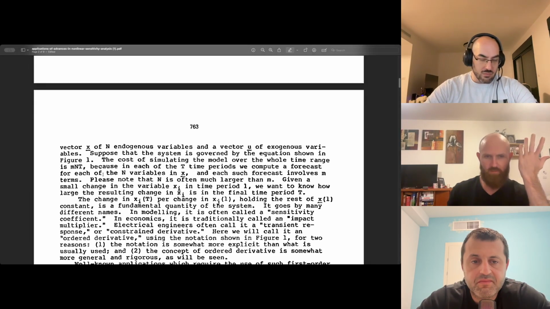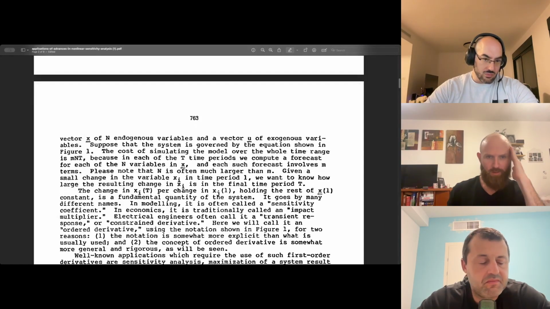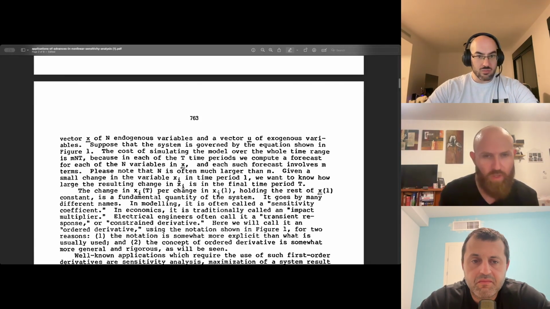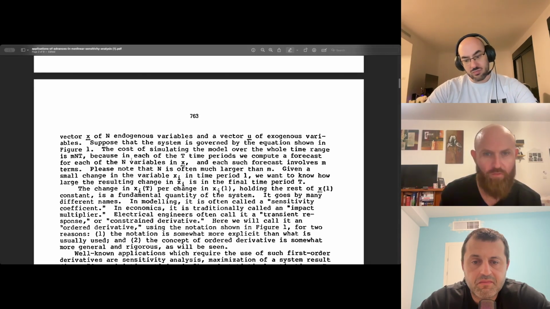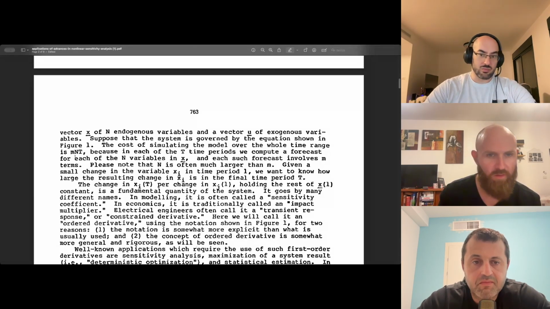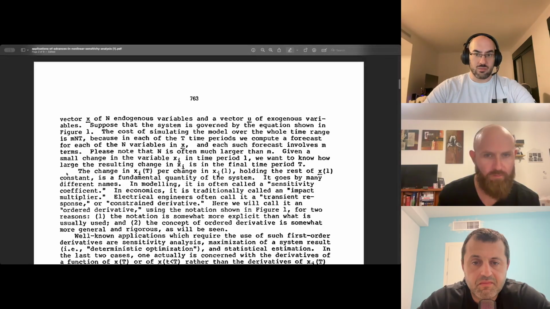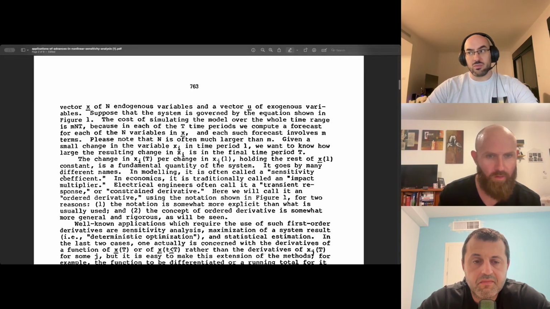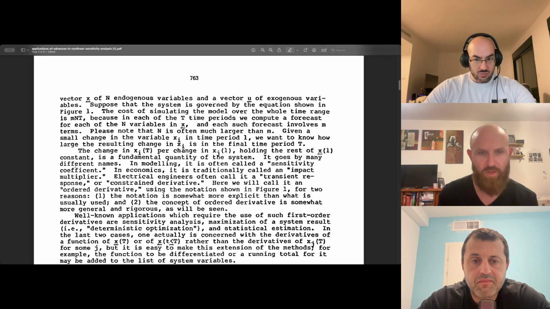Then he's going to tell us what it's used for. And he says the cost of simulating the model over the whole time range is m times n times t, and he explains why. The idea here is focused on sensitivity analysis.